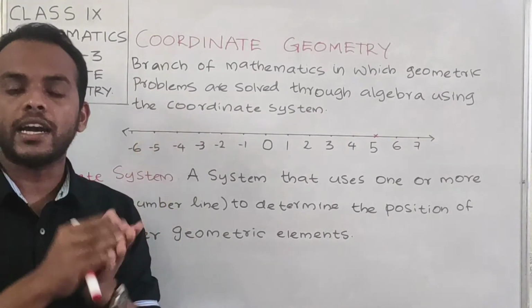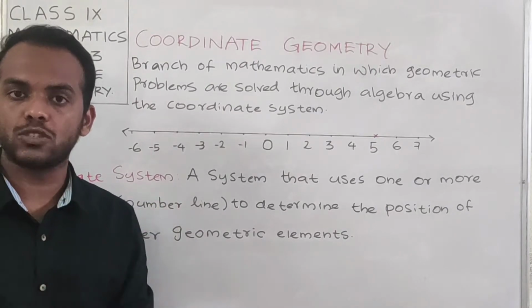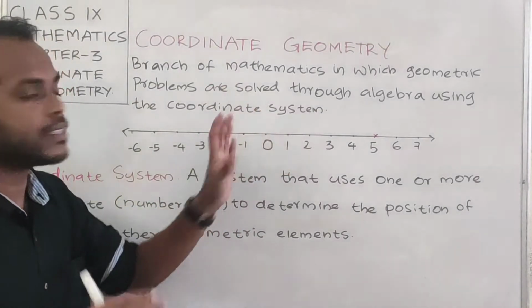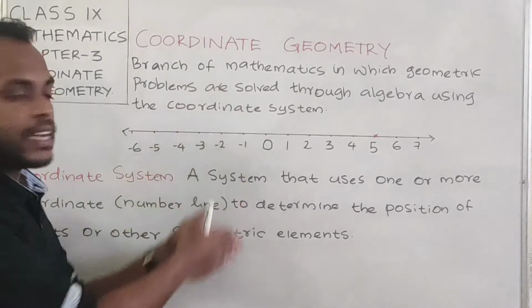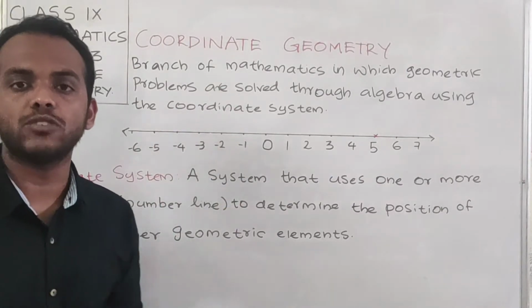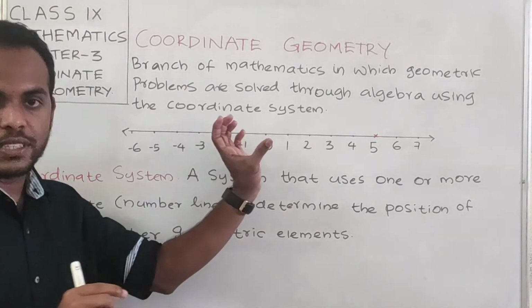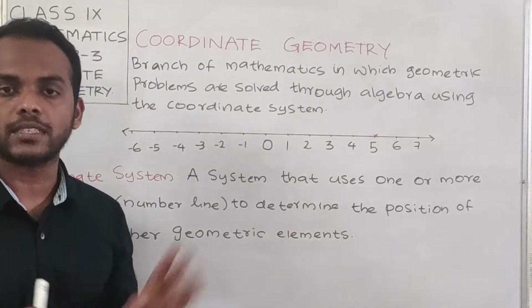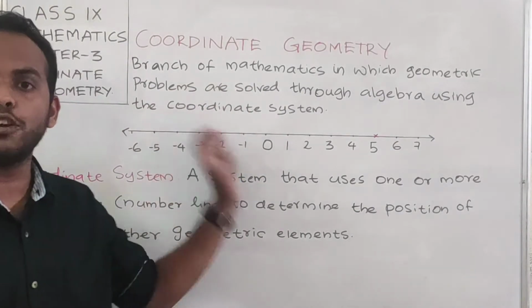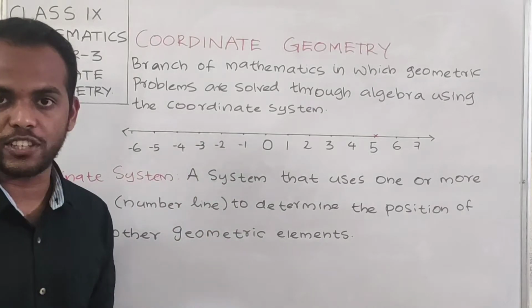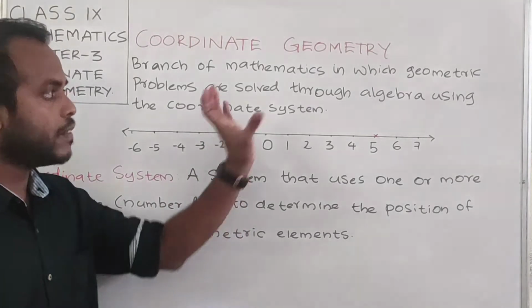That is, if you are given triangles or any solids, we can make that into a graphical representation and then we can solve using algebra. This definition can be revisited by us after this chapter is over. Then you will understand what is meant by this definition. So keep it there. We will come back.